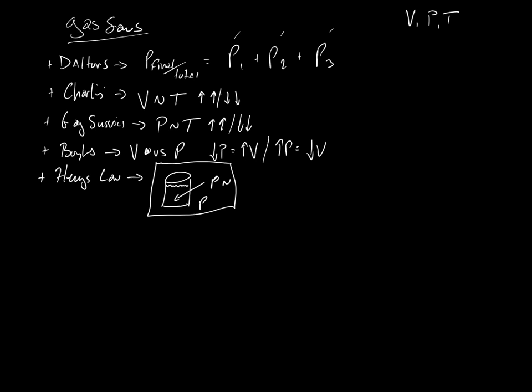Okay. Oh, Graham's law. What is Graham's law? What does that tell us? That's Graham's law of effusion. Say I have a container of a gas here, and then I have another container over here.